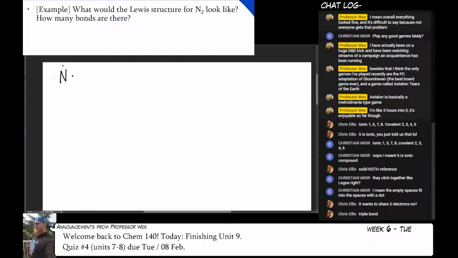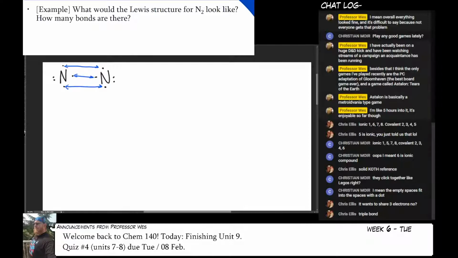So I'm going to draw the Lewis structure for nitrogen. I'm going to draw another Lewis structure for nitrogen. And then I'm going to just connect the dots here. So I'm going to connect these two, and these two.